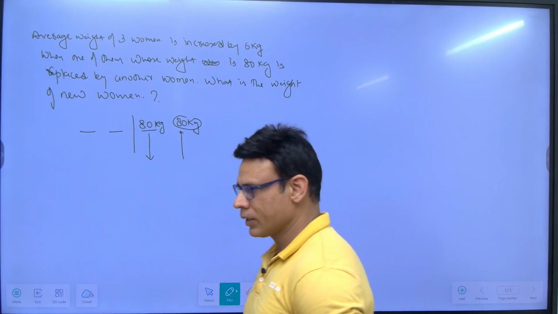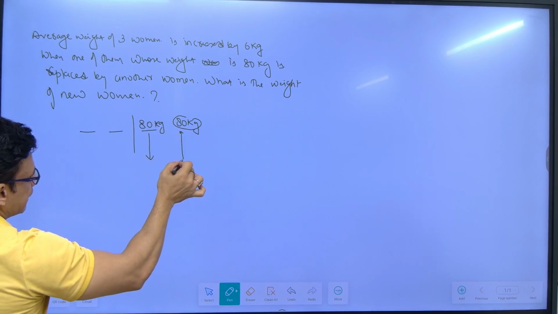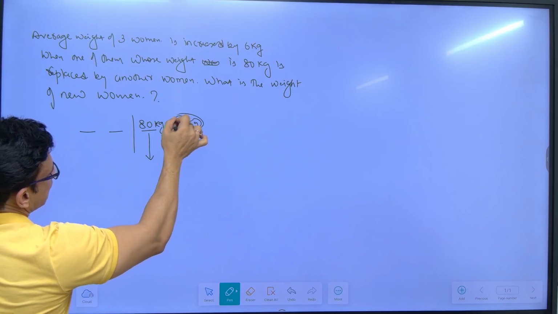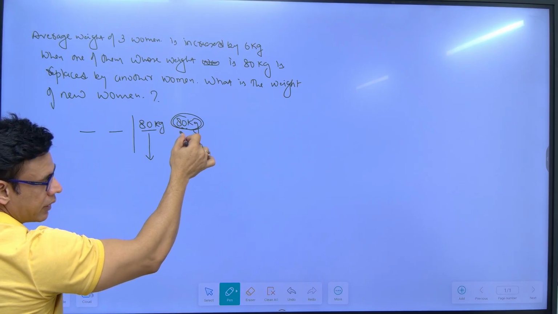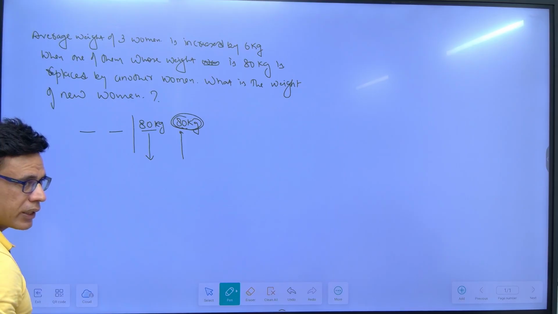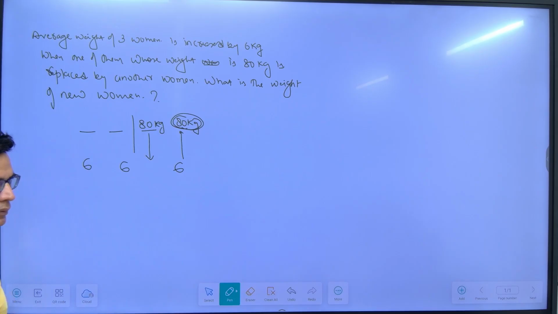Equally. So the woman who is going is 80 kg; the one entering the group will first keep this 80 kg, whatever is going out, and then the remaining kg she will divide equally by giving 6, 6, and 6 to all 3.